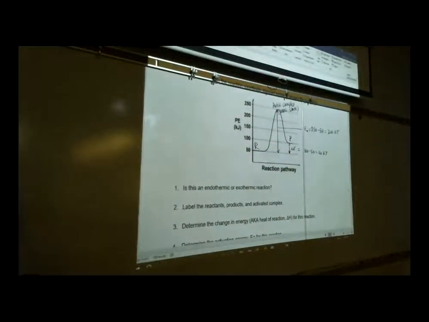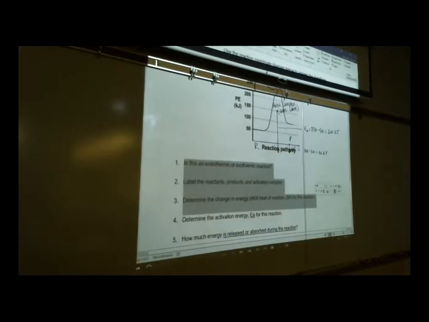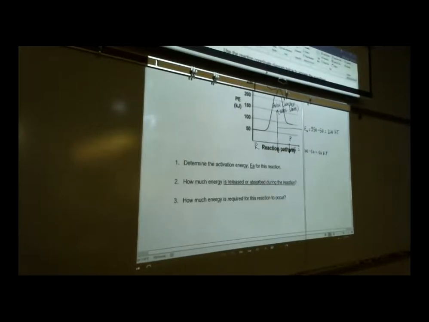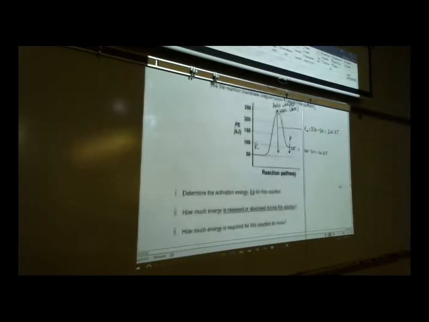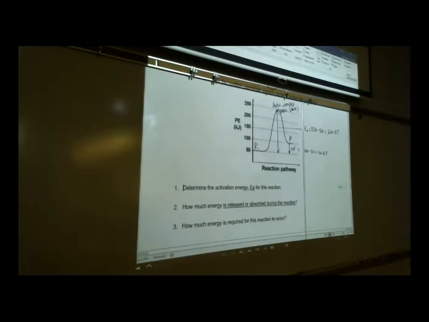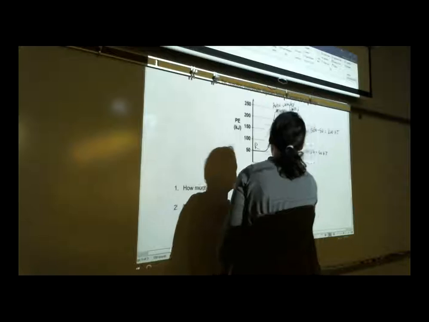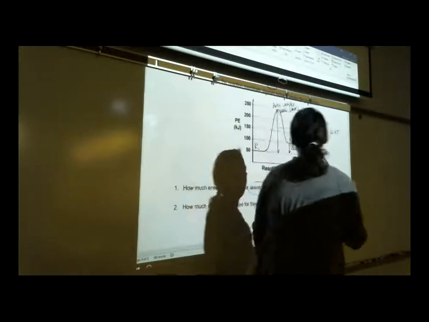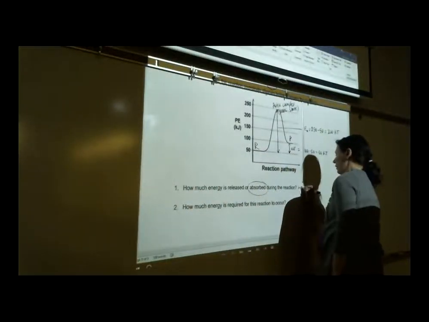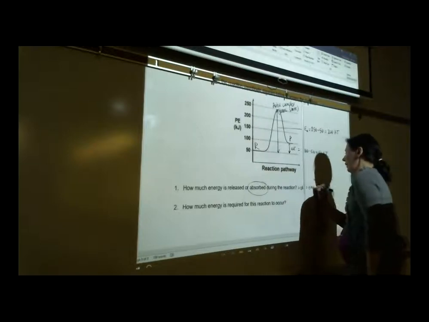All right, let me erase these equations and these questions. There we go. That's what we just did, right? Activation energy is what we just did. How much energy is released or absorbed? Well, we know it's being absorbed because it's endothermic, right? If delta E is positive, it's endothermic.